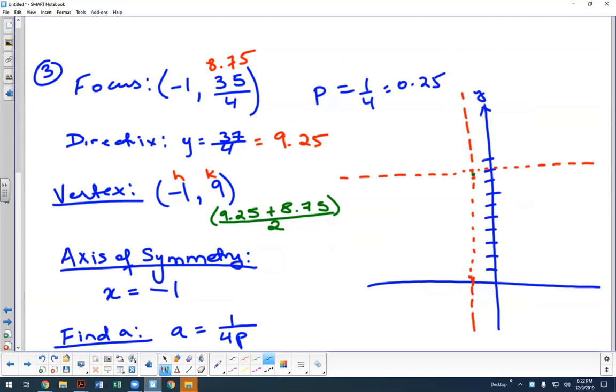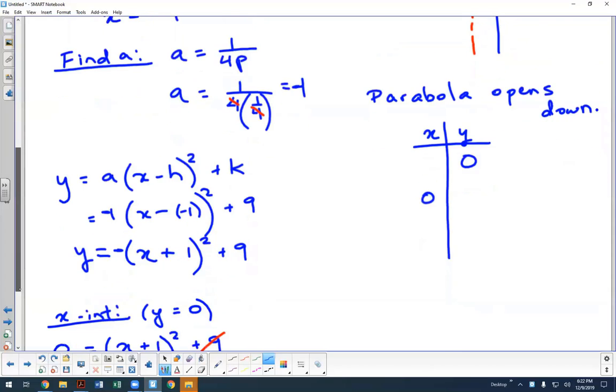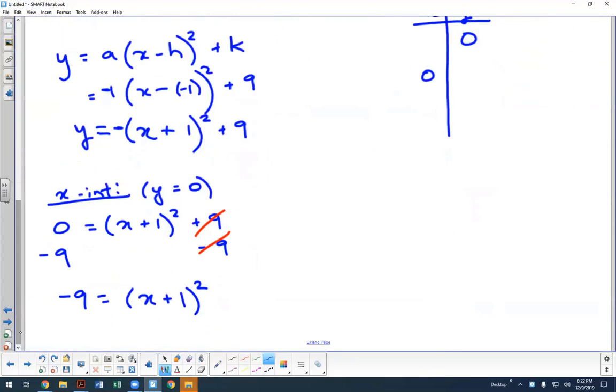Which means our a value actually ends up being negative 1, because it's a parabola that's opening down. So since it opens down, we should have a negative sign in front of our parentheses in the equation.